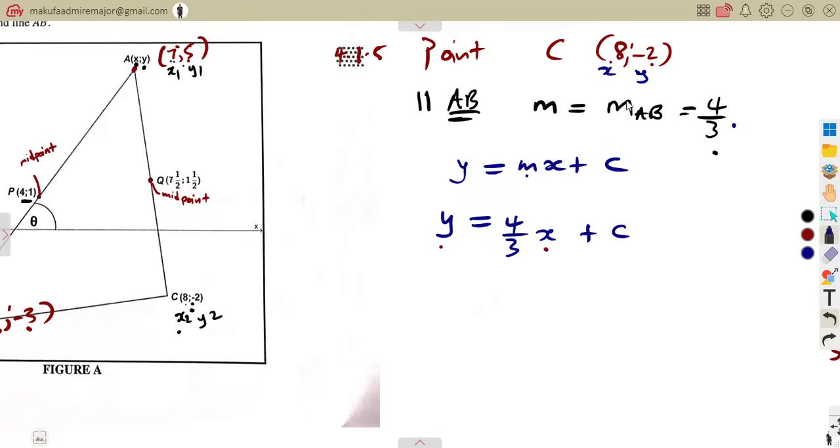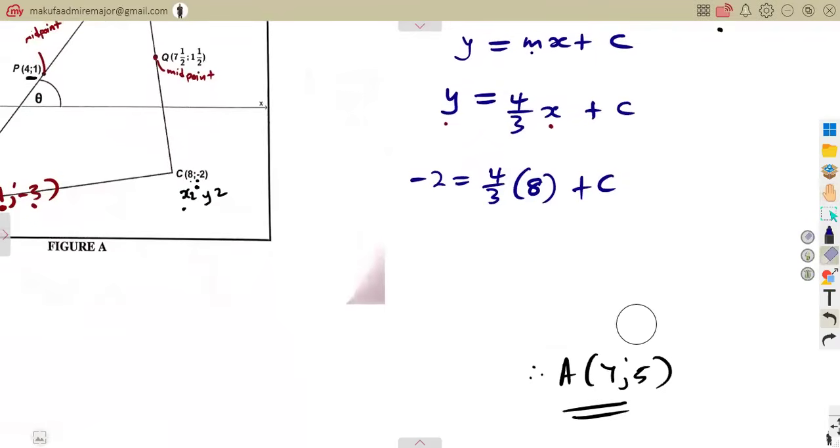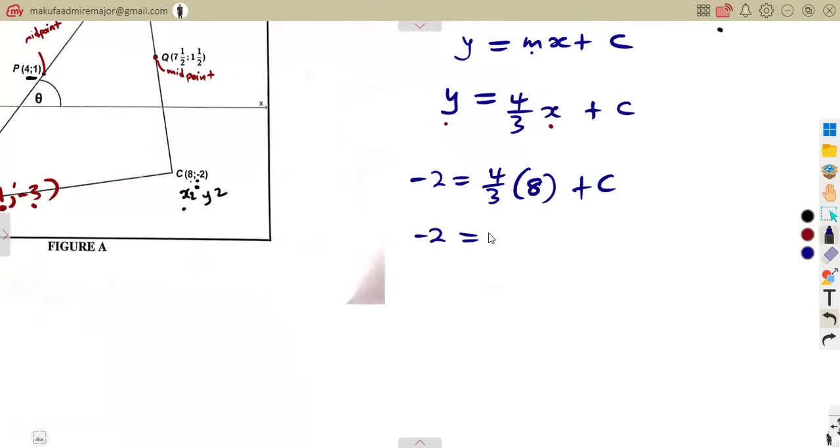So y is minus 2: minus 2 is equal to 4 over 3 times x, which is 8, plus c. Then minus 2 is equal to 32 over 3 plus c. Transpose this, and it was going to be negative 38 over 3 equal to c.